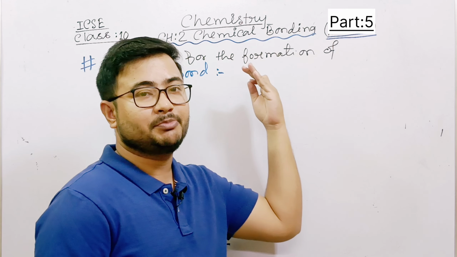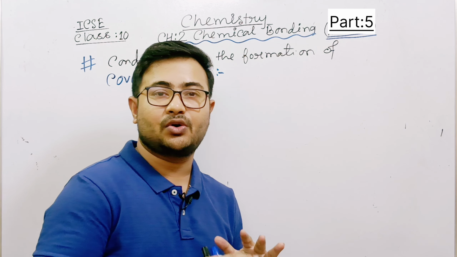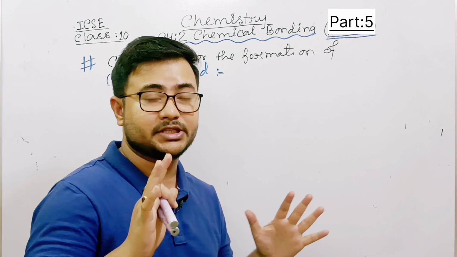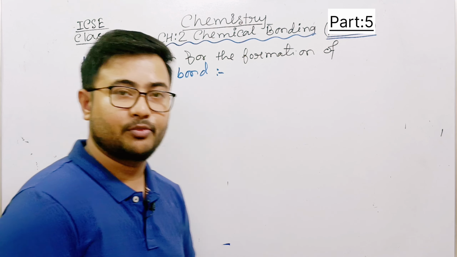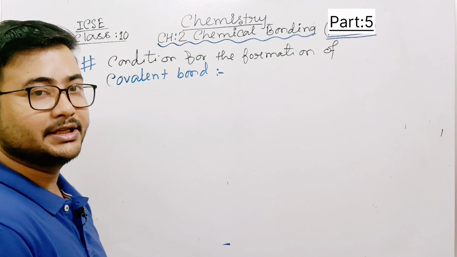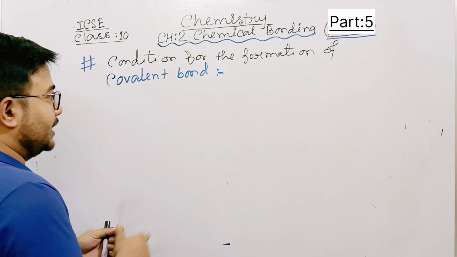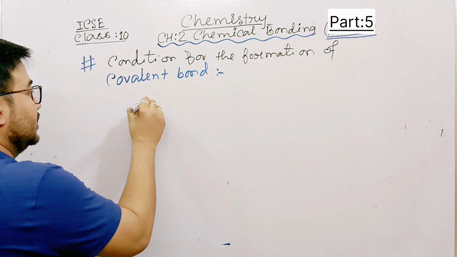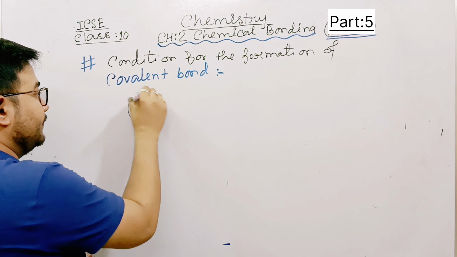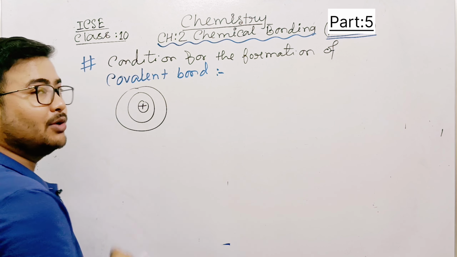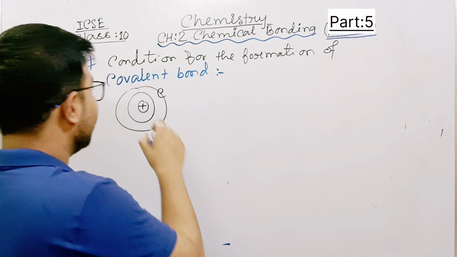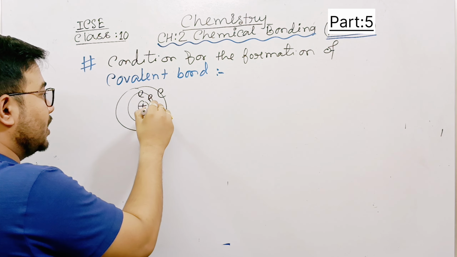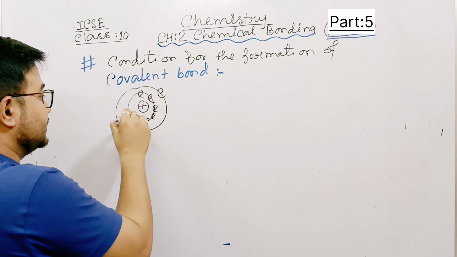In the previous part 3, I discussed all the concepts for your board class 10 ICSE about the covalent bond. Today I will discuss the conditions. Now try to understand. Suppose any atom has one electron in the second or outermost shell, and inside it 1 2 3 4 5 6 7 8.